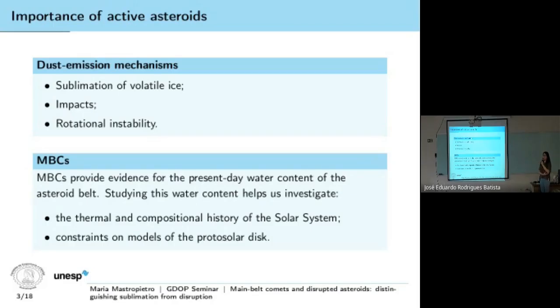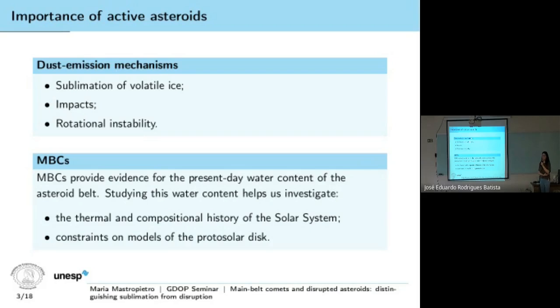So with an impact, if the ice is exposed, we have sublimation, but we also have dust emission in general. And dust emission can also happen with rotational instability. So for example, if an asteroid's spin rate increases due to YORP, then the asteroid reaches a critical limit for which we have mass loss from the surface, and so this can lead to dust emission or breakup.